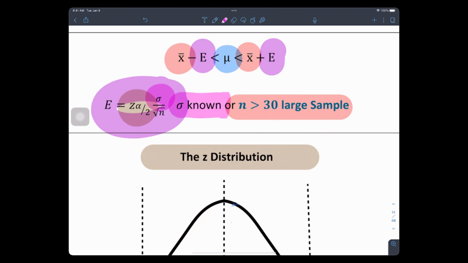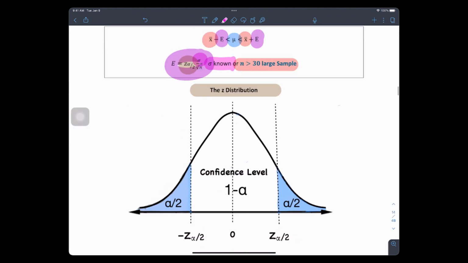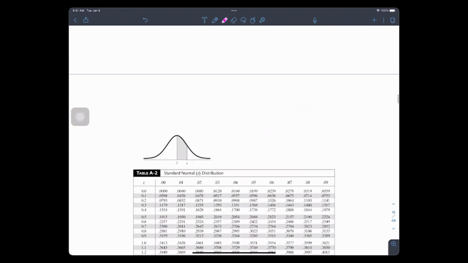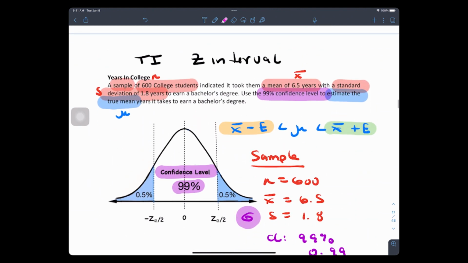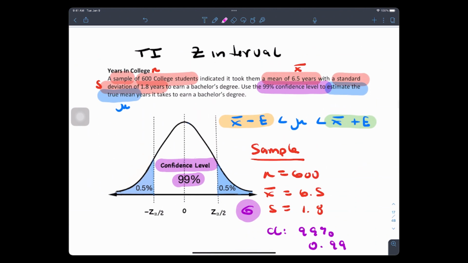It assumes your standard deviation is known. Population standard deviation is known. So there's a technicality here that the language should say sigma is known from past somehow. This is really sigma.